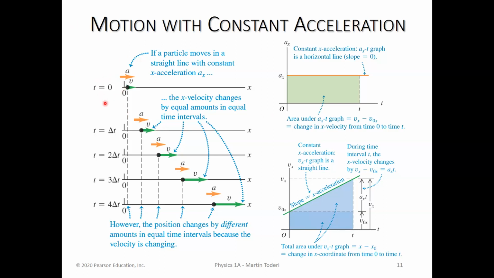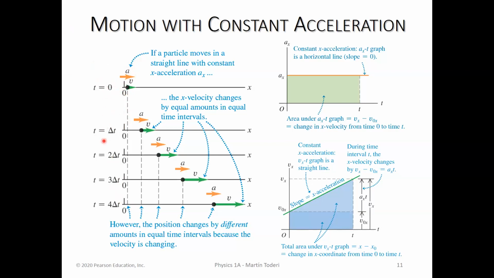If we take a look at this succession of graphs, we have acceleration at first, let's say at time 0. The particle is changing its velocity from 0 to something. If we keep the same acceleration, that means the velocity is changing at the same rate over time.